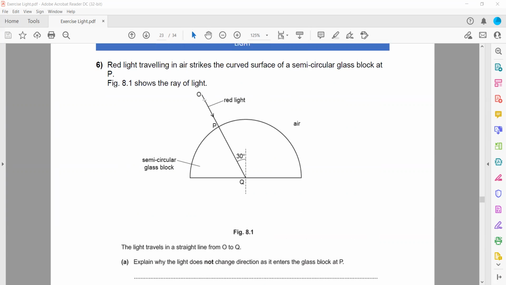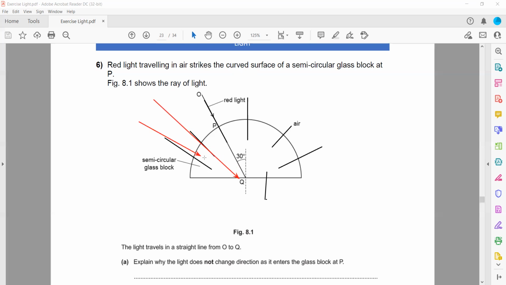So when I try to draw the normal, the direction of the normal and the direction of the ray is the same. It's a semicircular glass, so at every position the direction of the normal is different on the semicircle. Whenever the light enters the semicircular glass block, it will always pass straight. Why will it pass straight?